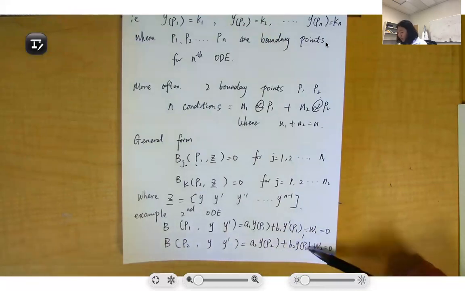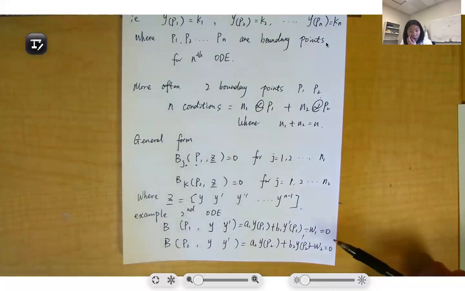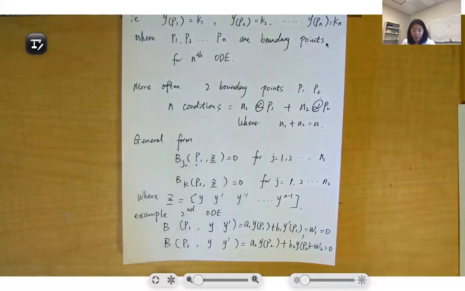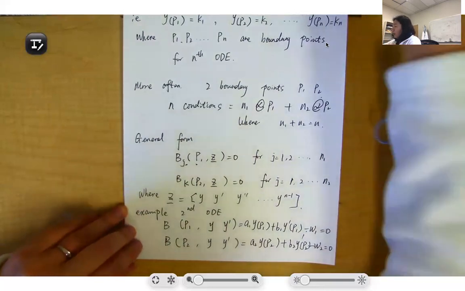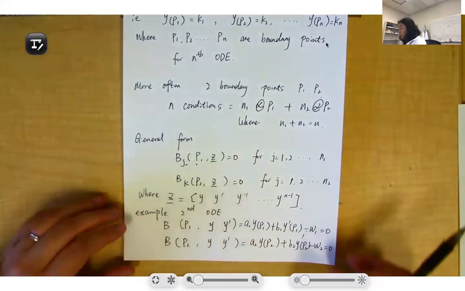With these two boundary conditions, you can solve for the arbitrary constants in your homogeneous solution. So that is the general notation for boundary value problem.